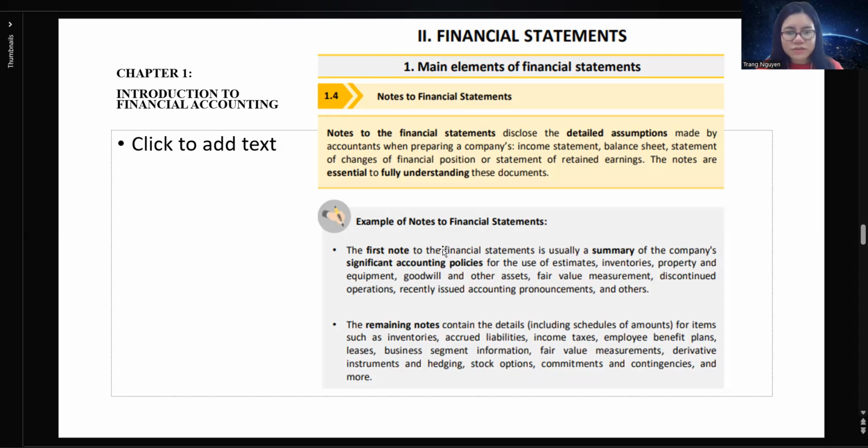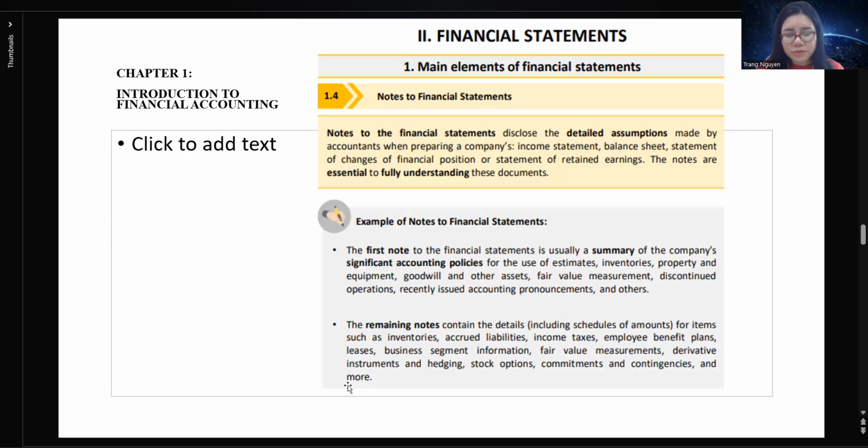The first note to the financial statements is usually a summary of the company's significant accounting policies for the use of estimates, inventories, properties and equipment, goodwill and other assets, fair value measurements, discontinued operations, recently issued accounting pronouncements, and others.